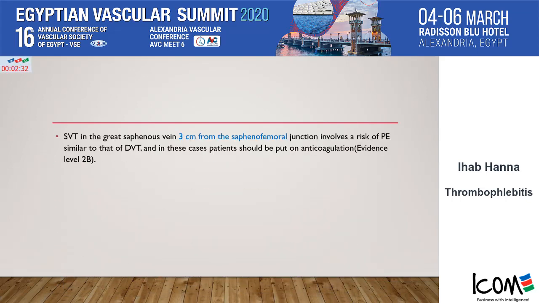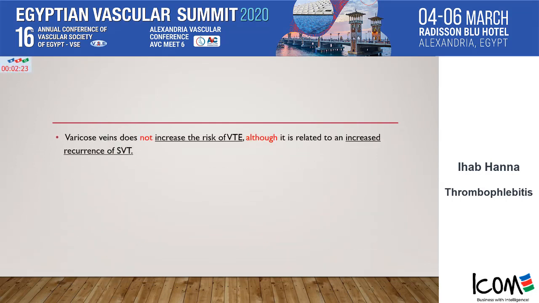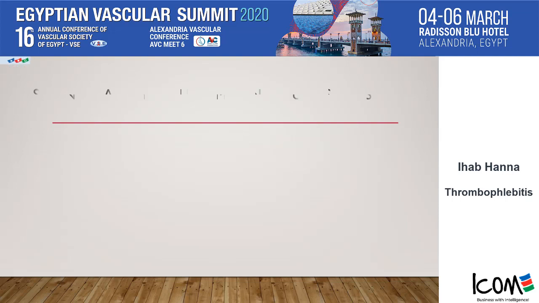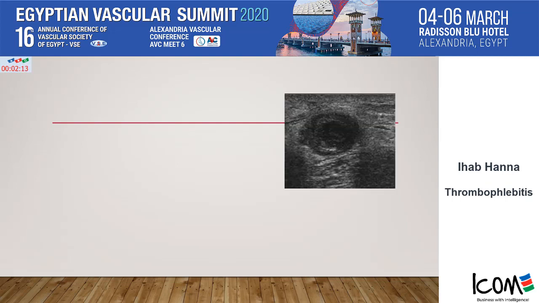Superficial vein thrombosis less than 3 cm from the saphenofemoral junction involves risk of pulmonary embolism and DVT, level 2B. Varicose veins do not increase the risk of venous thromboembolism, although they are related to increased recurrence of superficial thrombophlebitis.